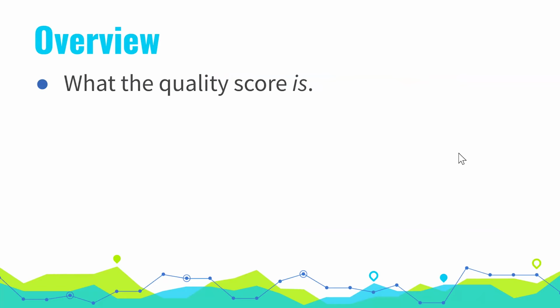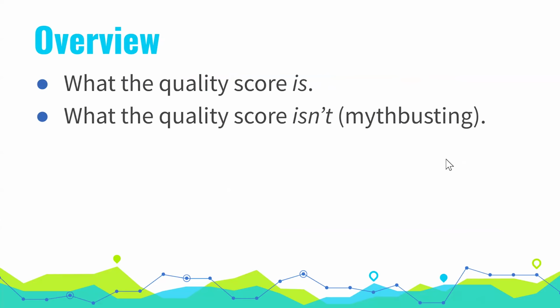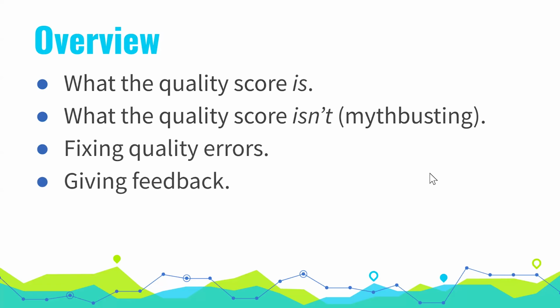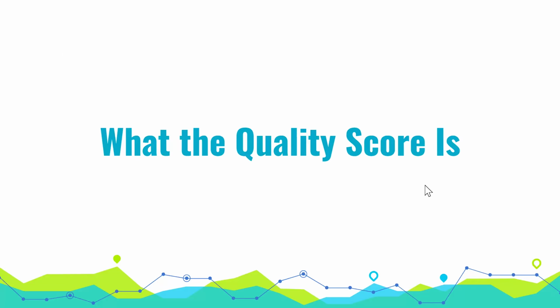First of all, we're going to review what the quality score is, and then we're going to talk about what it isn't, because I've noticed there are some misconceptions going around. After that, we'll walk through two quick examples of fixing quality errors that were found by the quality score tool, and then we'll show you how to give feedback. And then I will remember to post the link, but again, remind me if I forget that.